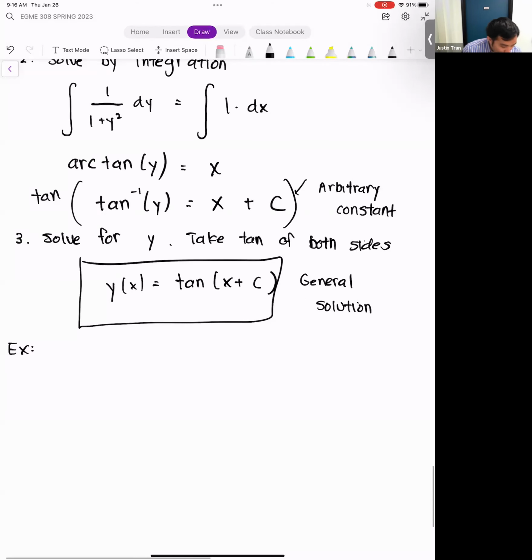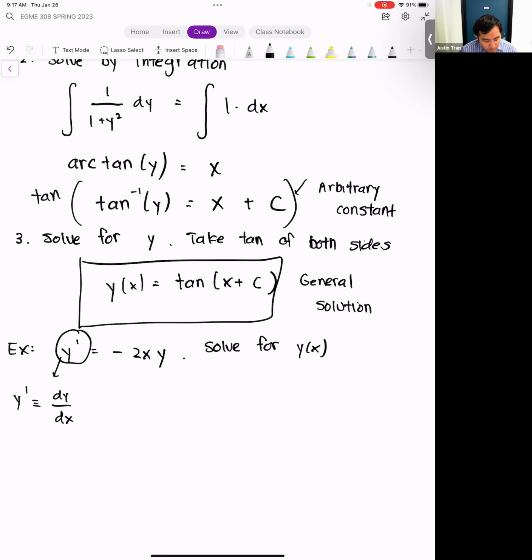Usually I'll try to write the full expression dy dx, but sometimes if you've got the textbook, and sometimes in the homework assignments I might get lazy, so I might say just y prime. So y prime is simply the first order derivative. Let's solve for y of x. Let's solve for the particular solution.